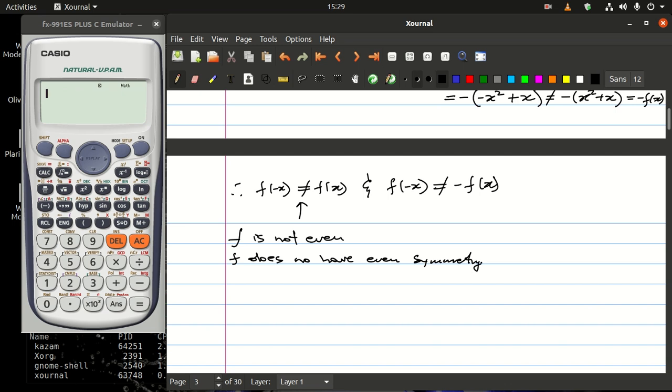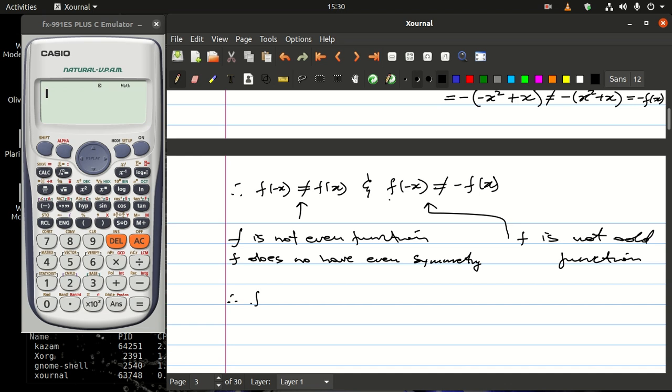And looking into this part here, f is not an odd function. So this one is not an even function. Let me add function here. And then this one is not an odd function, because this is not equal to that.